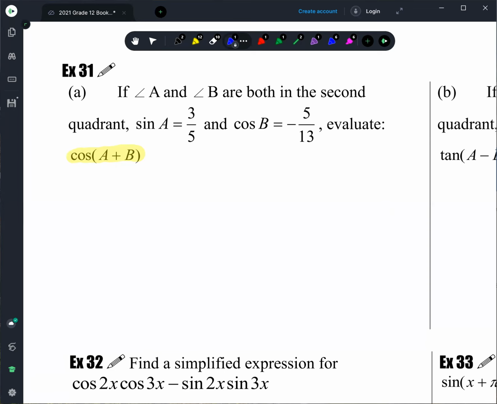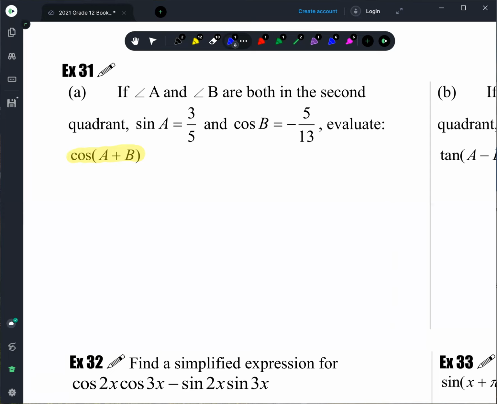If you draw the triangle and get all three sides, then you can plug it into the cosine law. So a squared equals b squared plus c squared minus 2bc cosine A. I see.